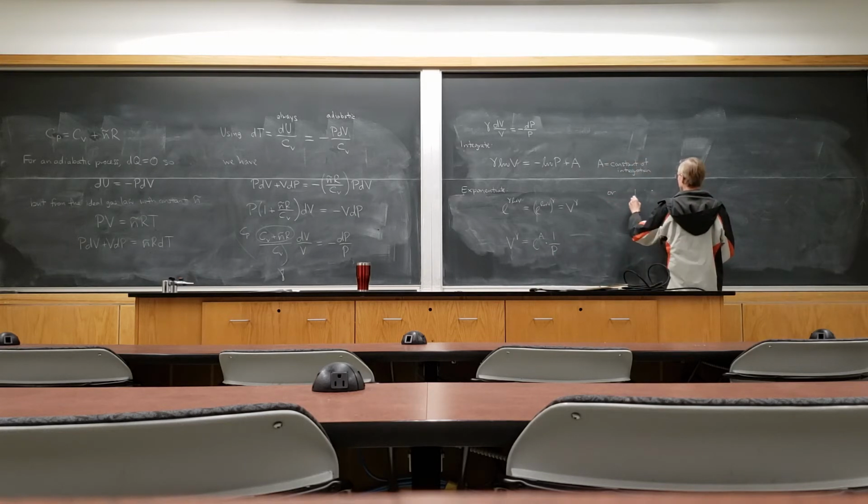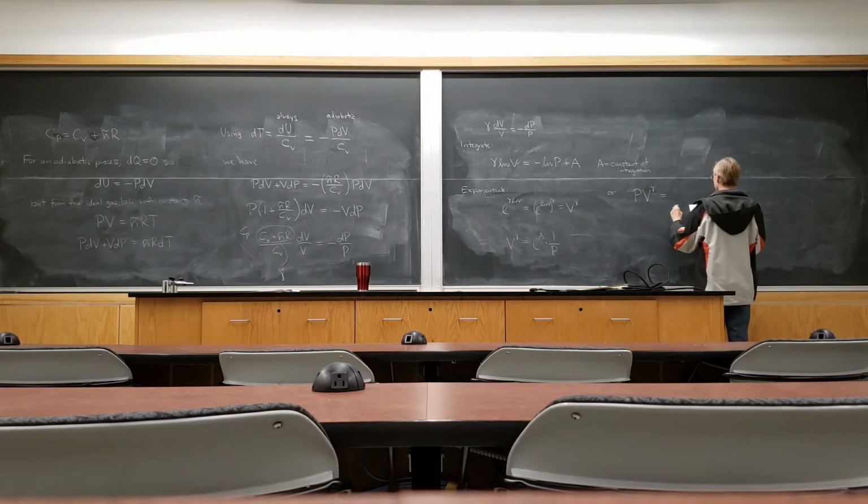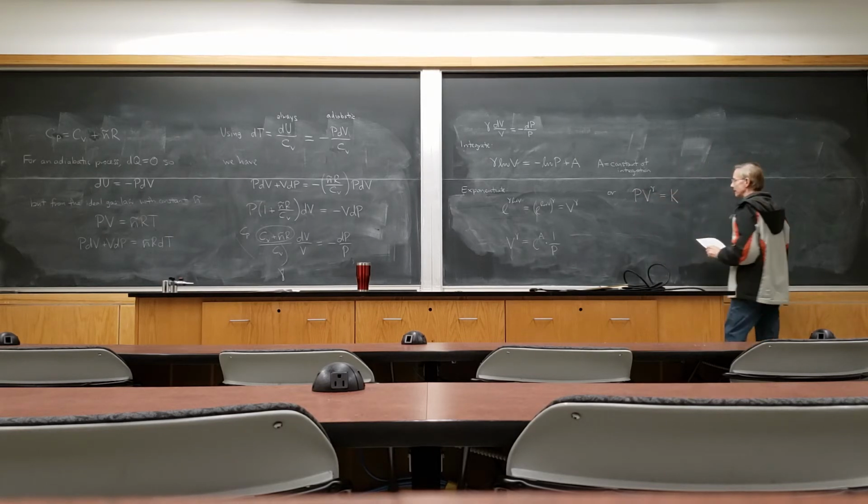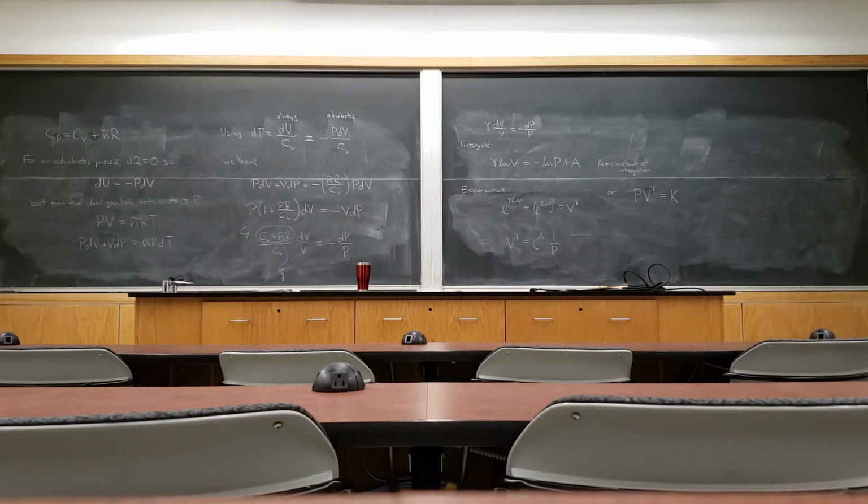So we can say that P V to the gamma is equal to, we'll call it big K, where K is e to the A, so why not just call it another name?